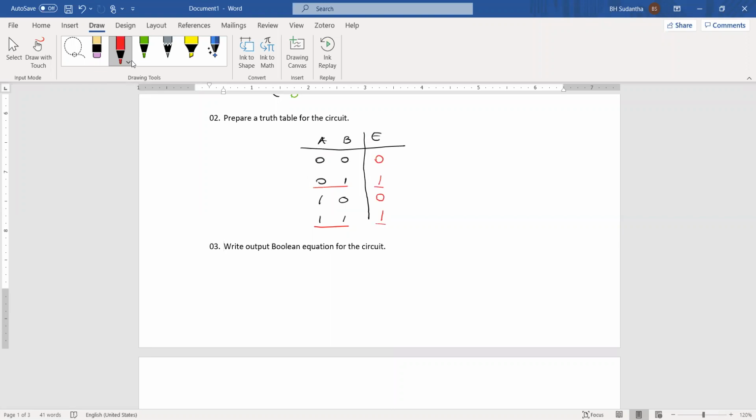into terms. And how can we write this one as a term? If I write this way, A bar dot B, using AND operation, I can write this as A bar and B. And here I can write this as AB.